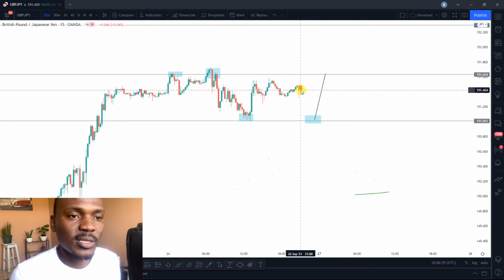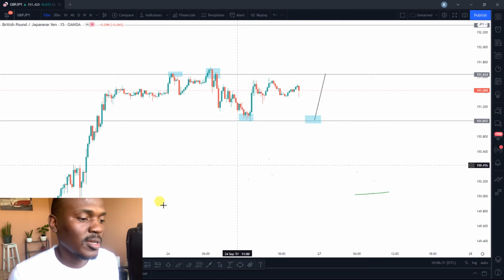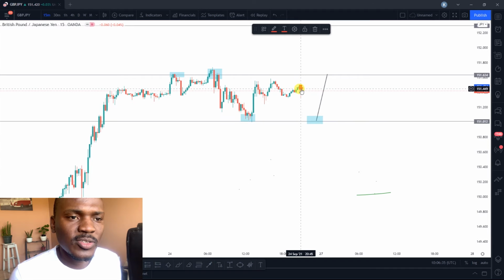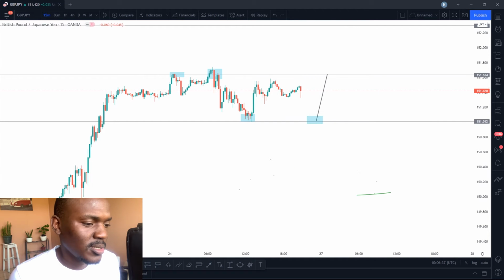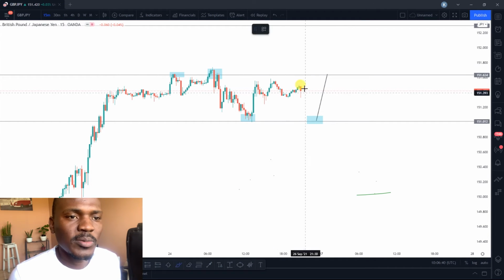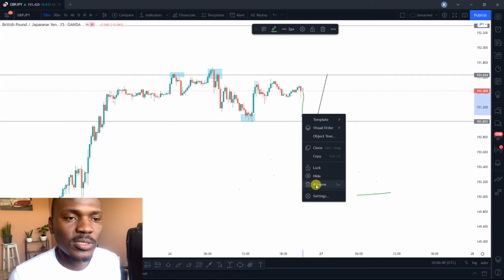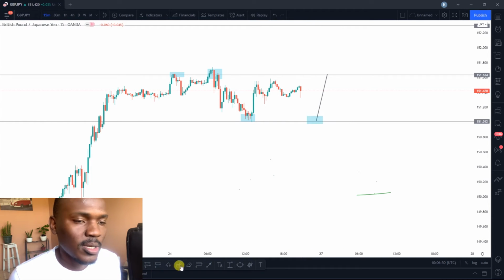So we would wait for the market to come back here. Okay, let me try to remove this. The market won't come here in a straight line like this. It will create lower lows, lower highs, lower lows, lower highs.